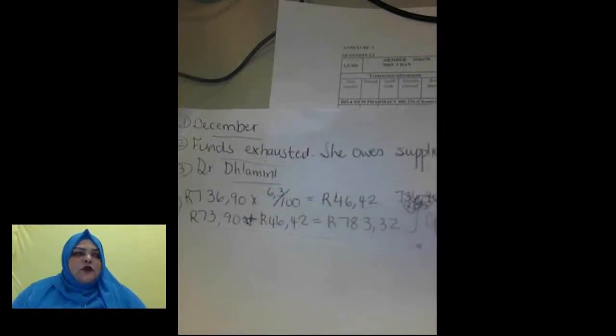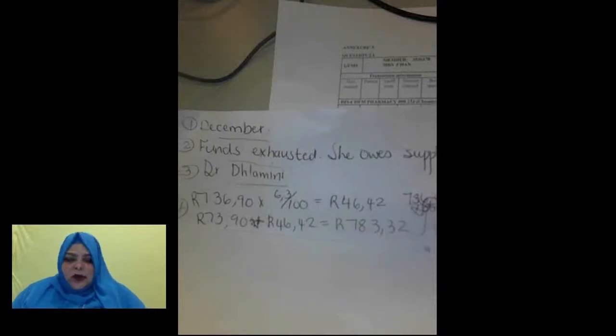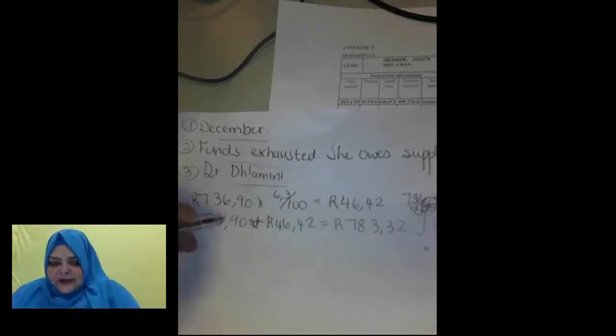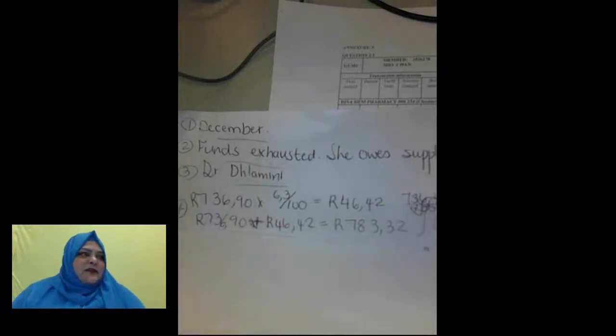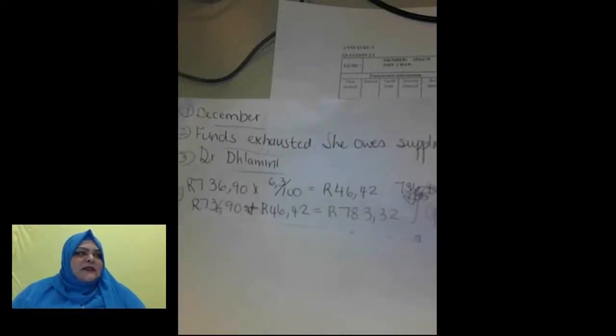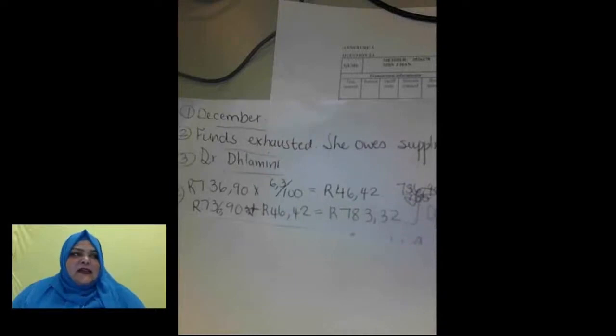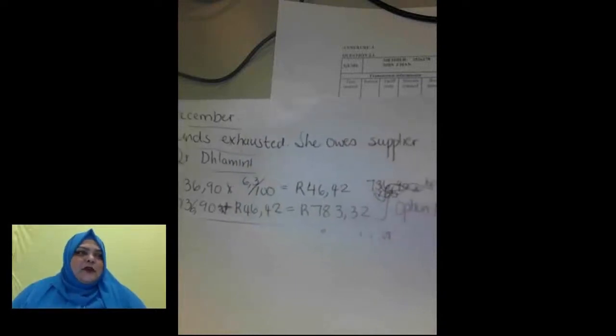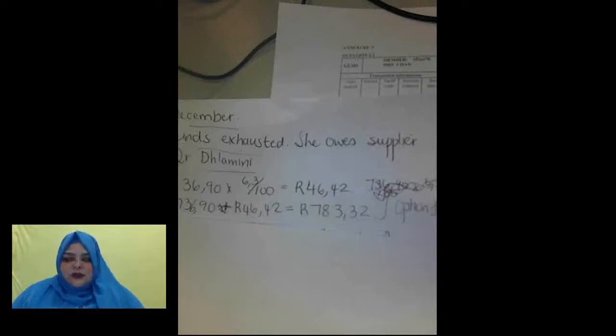I add 46 rand 42 cents to 736 rand 90 cents. It's giving you the new increased price, which will be 783 rand and 32 cents.